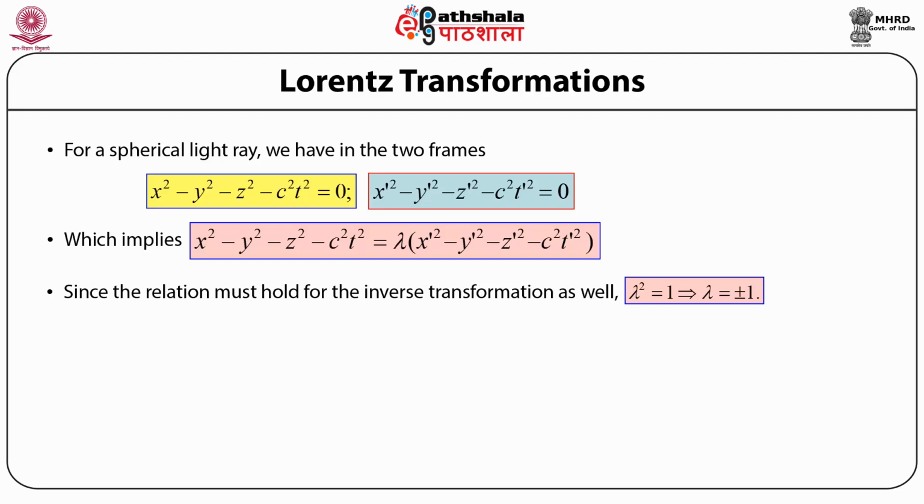Then we get lambda into lambda, that is lambda square, and the final equation will again have the components x square minus y square minus z square minus c square t square is equal to lambda square, bracket open, x square minus y square minus z square minus c square times t square, bracket close. Since the coordinate terms on both sides of the equation cancel out, we have lambda square equal to 1, or lambda equal to plus or minus 1. And from the identity transformation, one can conclude that lambda has the value 1.